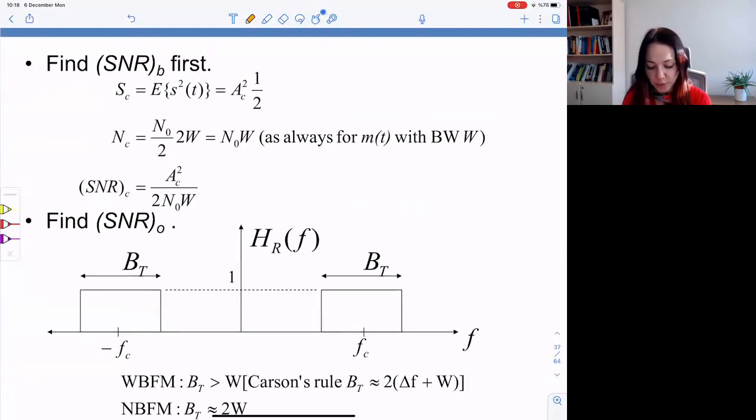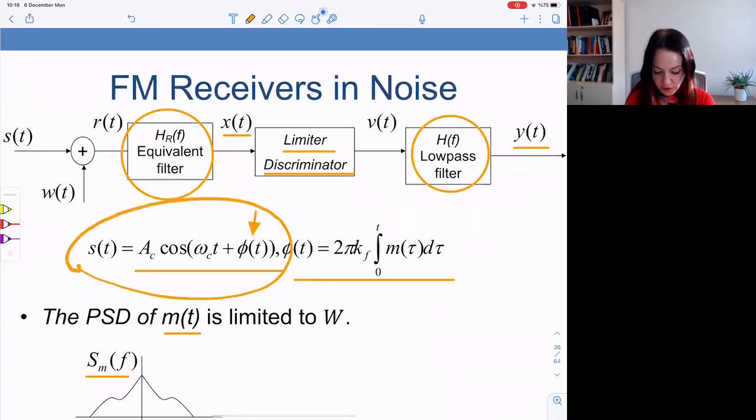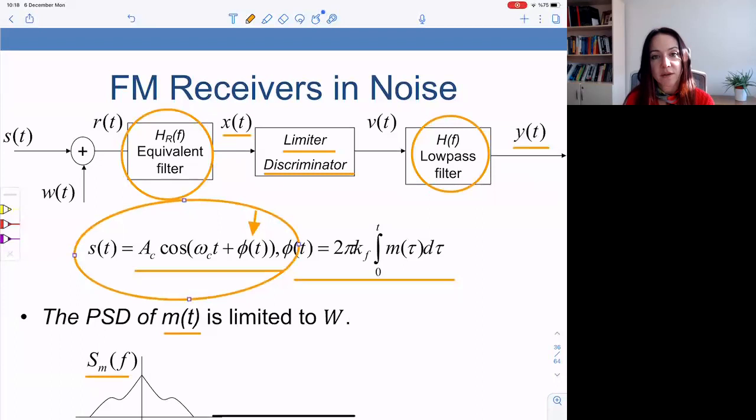Let's compute SNR_B first. Interestingly here, the message power has no effect on the signal power, because at the end of the day, my modulated signal is a sinusoid and the message is buried into the phase.